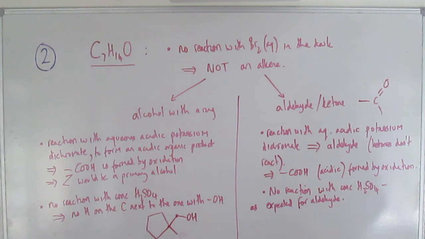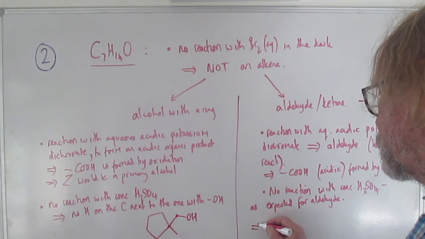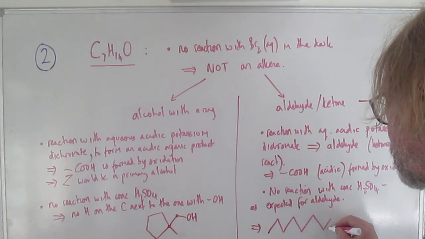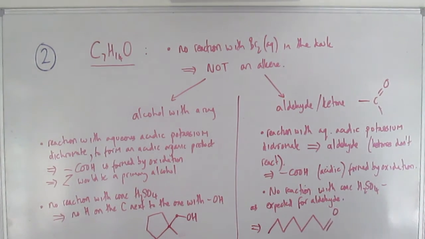And then you can basically have any saturated C7 aldehyde. So the simple one would be 1, 2, 3, 4, 5, 6, 7 with the aldehyde group on the end, but obviously you could have any branched one you felt like, but it's got to be saturated, because otherwise you'd have too few hydrogens.